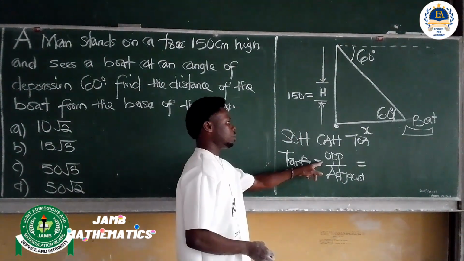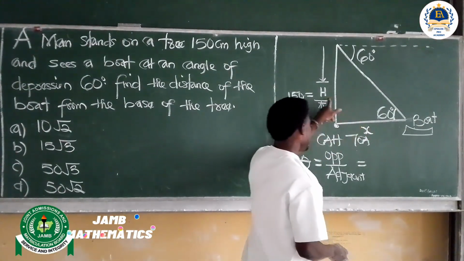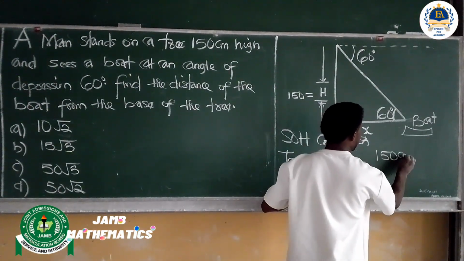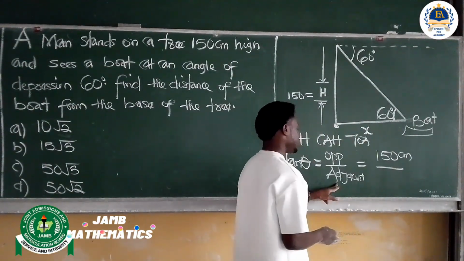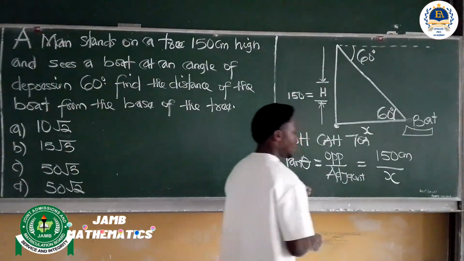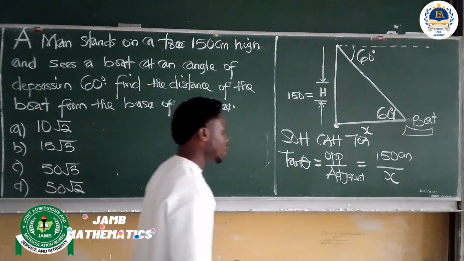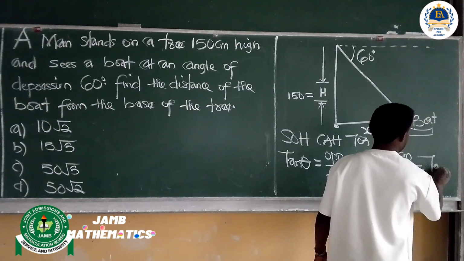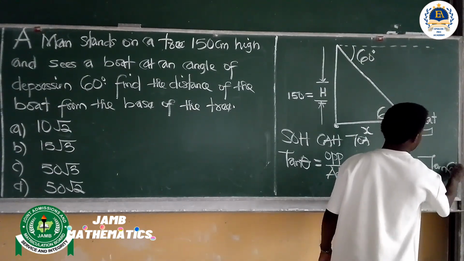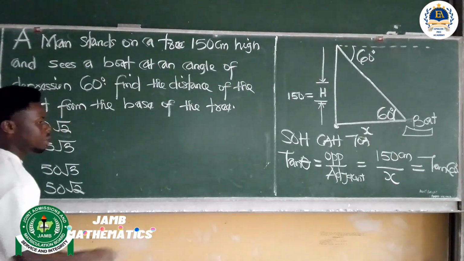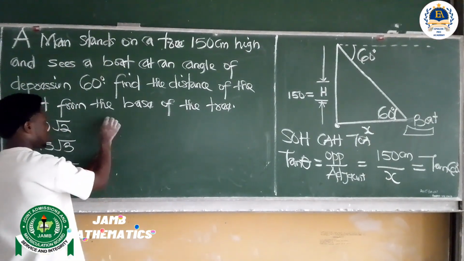The opposite is opposite to this angle, so the opposite is 150 centimeters, whereas the adjacent is unknown. What is required? x. The adjacent is x. So tan theta, where theta is given as 60 degrees. At this point, you can make x the subject of the formula.